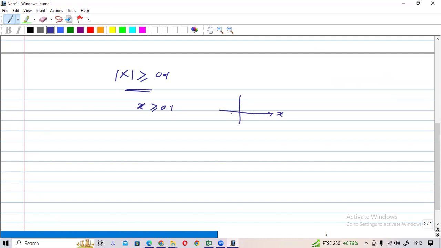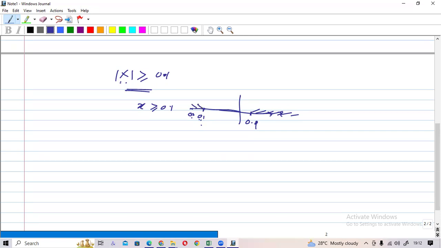If this is the x-axis, x is greater than 0.1, so this part is there. And if you consider the minus part, likewise, the magnitude covers minus 0.1 to minus 0.2.